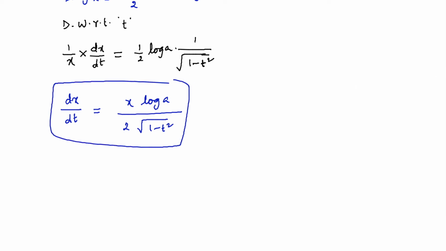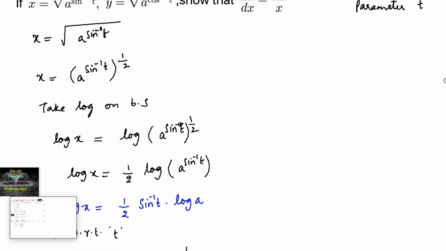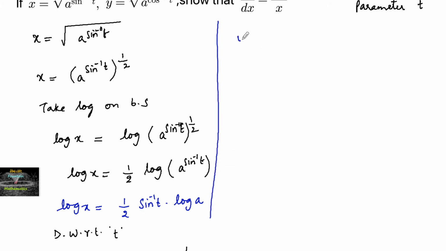Now let us consider y. So y is equal to root over a to the power of cos inverse t, which can also be written as y is equal to a to the power of cos inverse t, whole to the power of 1 by 2.